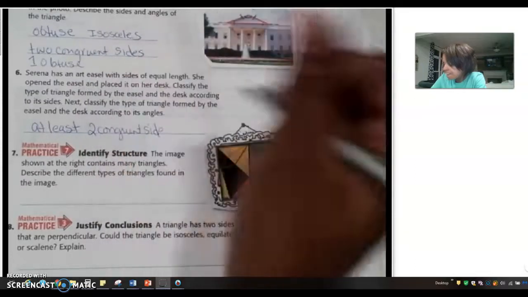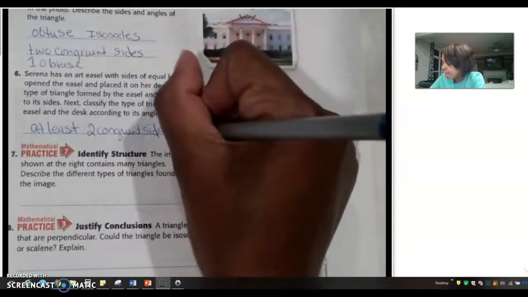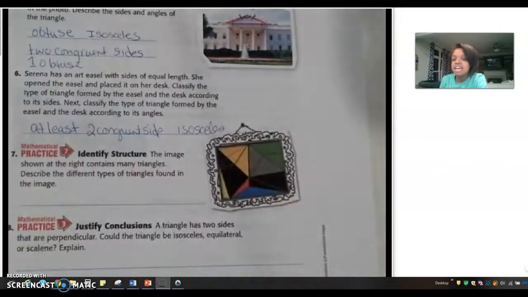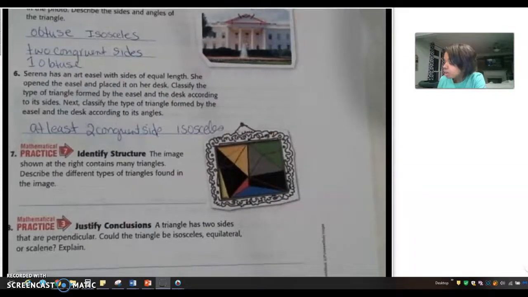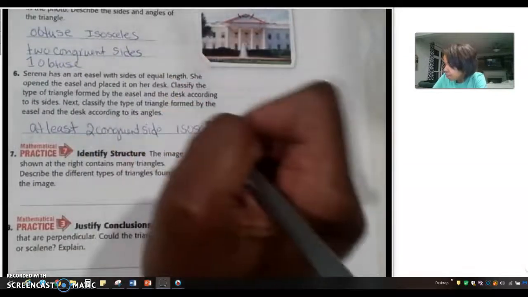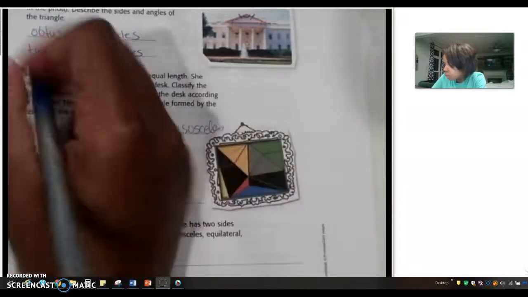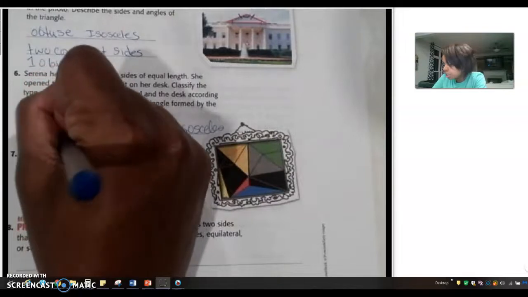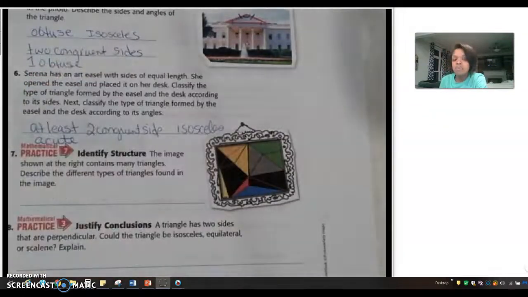So because of that, I'm going to say that it's going to be isosceles. And then next it says to classify it also according to its angles. So based off of what I know about how this is formed, I'm going to also assume that the angles are acute. Okay, so both isosceles and acute.